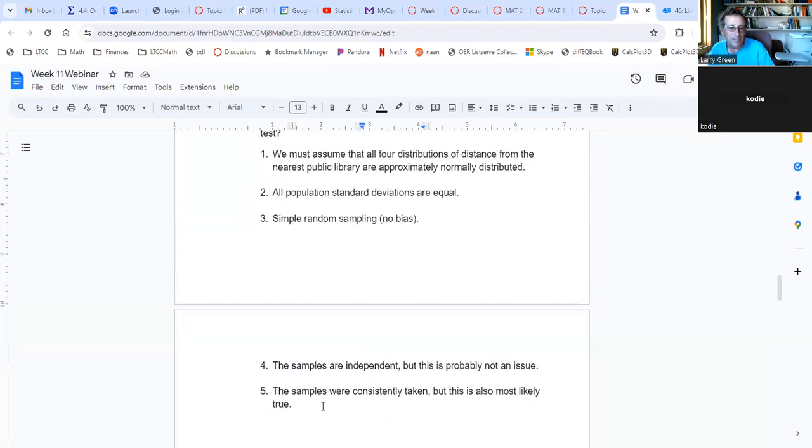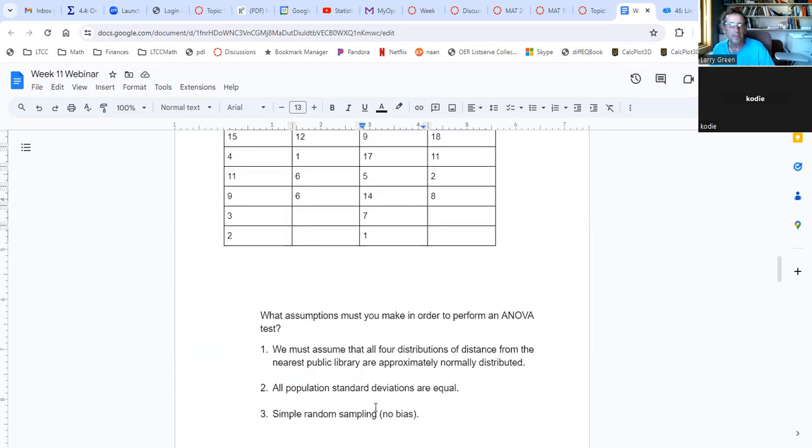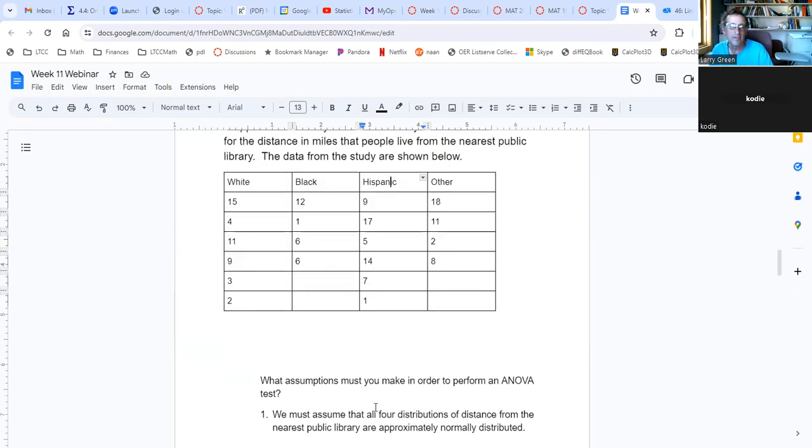And then finally, we have to assume the samples were consistently taken, especially with a small sample size. There's a good chance that's true. It may not be true, because if you went to a community that was mostly Hispanic, and it was some small town that didn't even have a library, maybe the nearest library from that town was 100 miles away, then you went to another town that was mostly black that did have a library, then you're not consistently taking the survey.